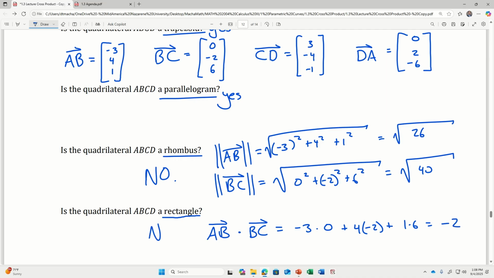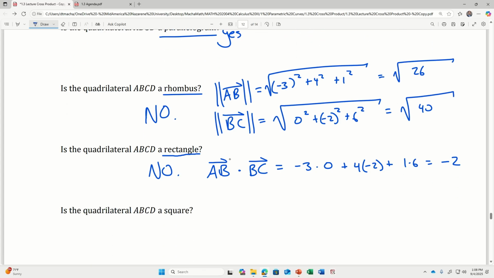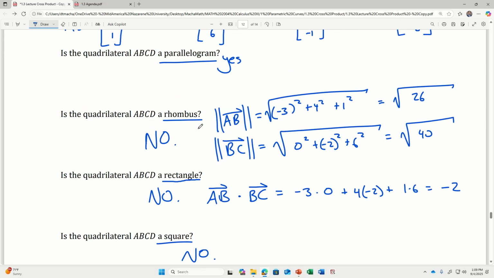Negative 2. It's not a rectangle. Is it a square? No. Because if it's a square, it has to be a rhombus and a rectangle at the same time. And that's it.